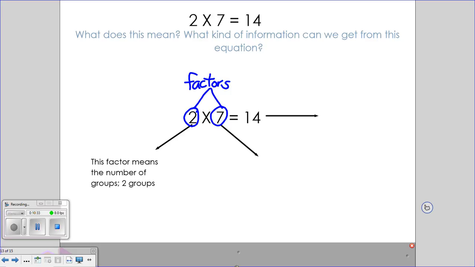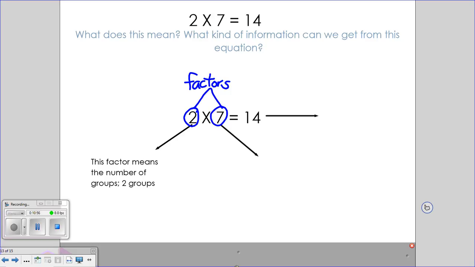That first number, that first factor, if we're being mathematically correct, always means the number of groups. And that fits with what we know. Two groups of 7.